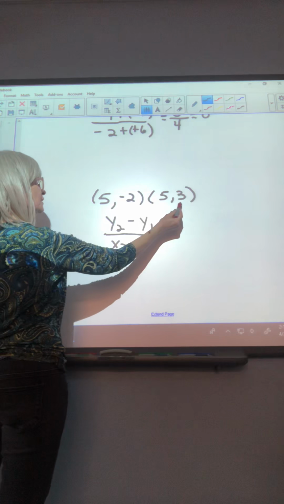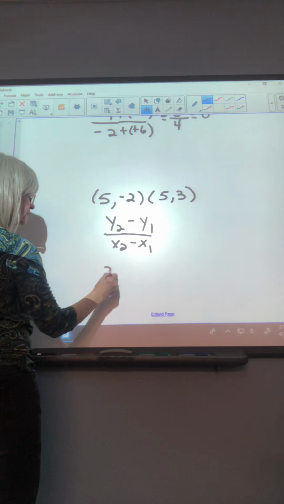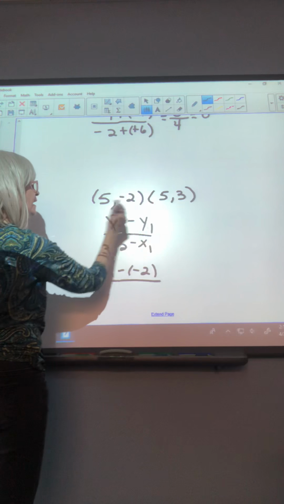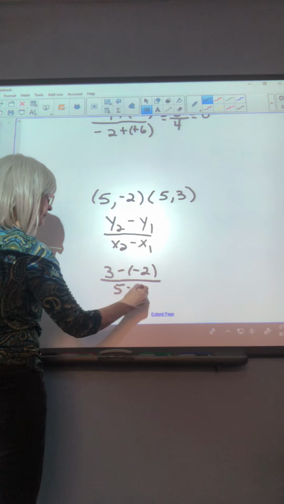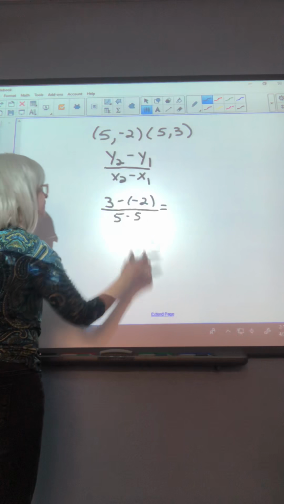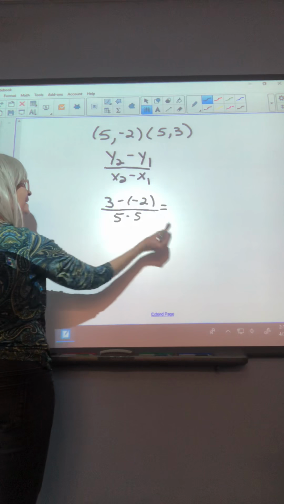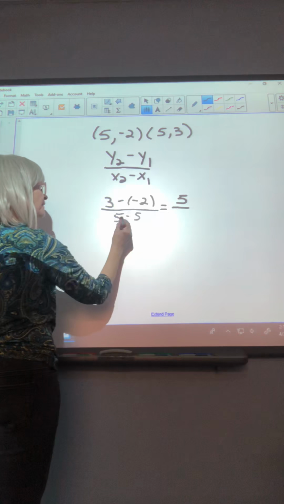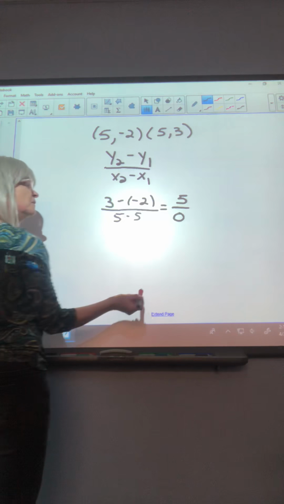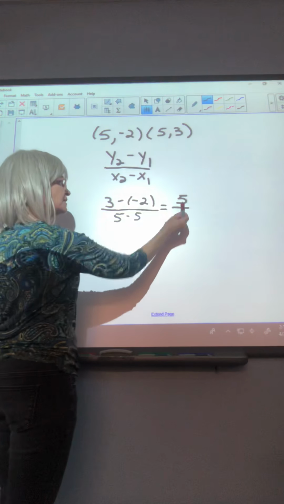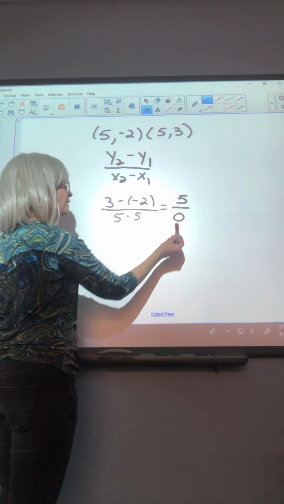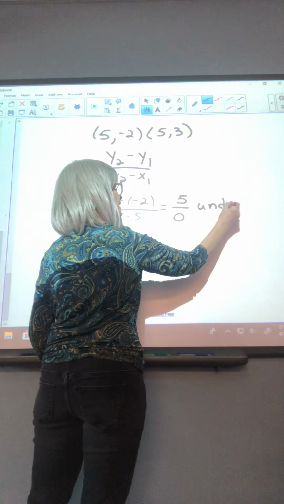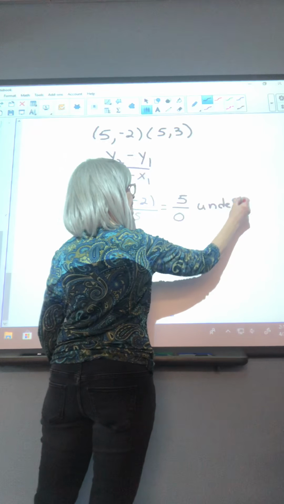So we have 3, take away a -2, over 5, take away 5. So 3, take away a -2 would be a +5. 5, take away 5 is 0. Remember, when you have 0 in the denominator, it's undefined. So this would be an undefined slope.